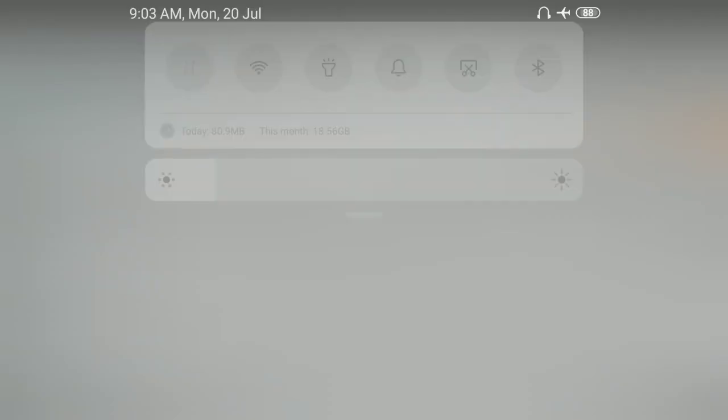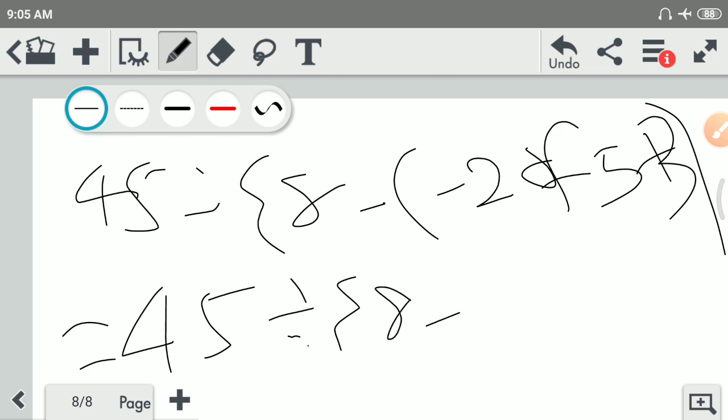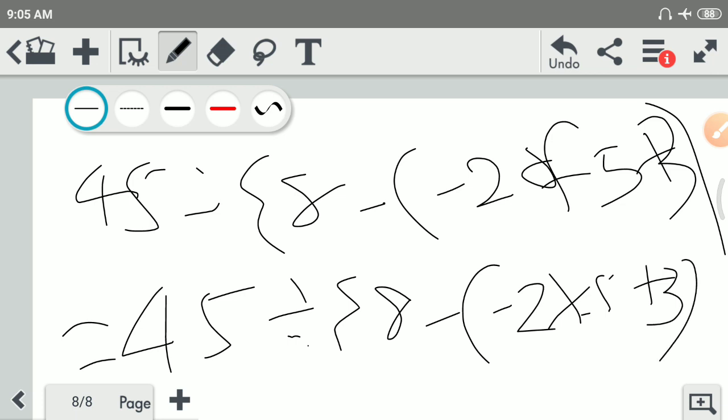First solve the bracket part. Here, 2 of means we generally write it as into, so 5 plus 3 is in the bracket. After the bracket, division is not there, then multiplication is there, so we will multiply it.